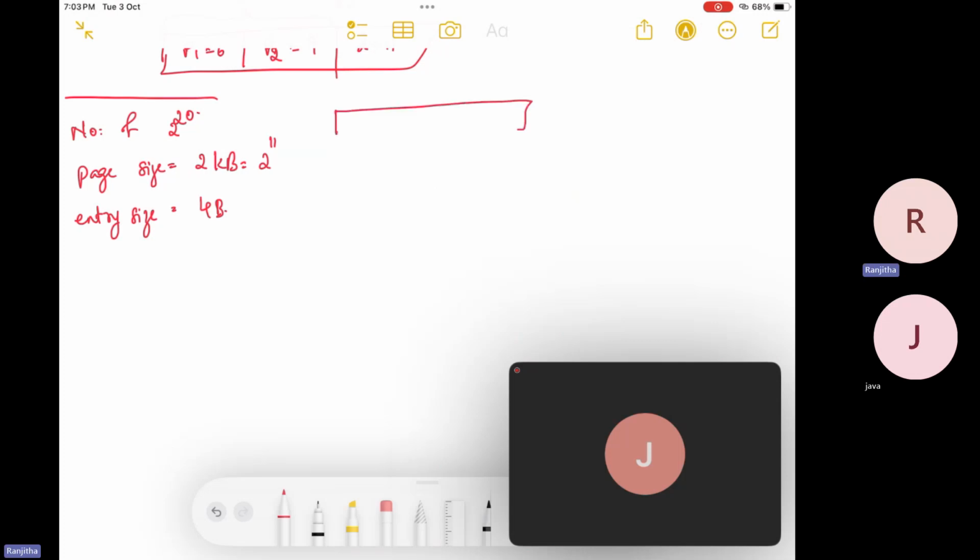So the displacement is 11 and P equal to 20. Now we'll see how we need to split this, how many levels we require.